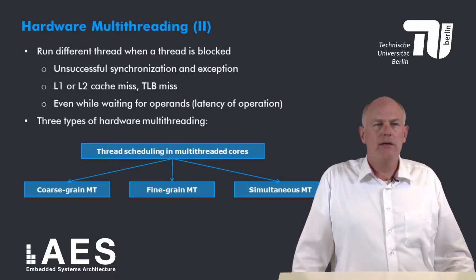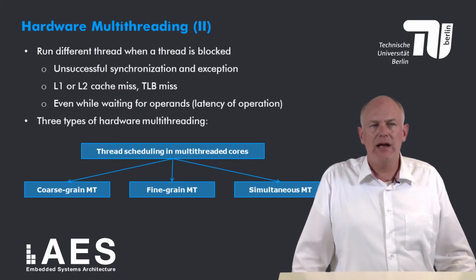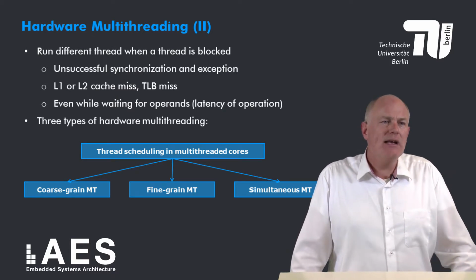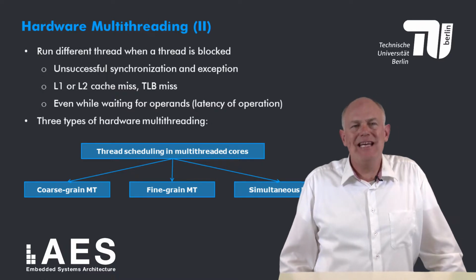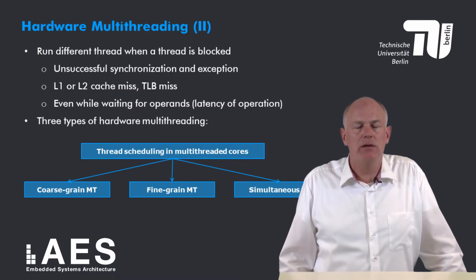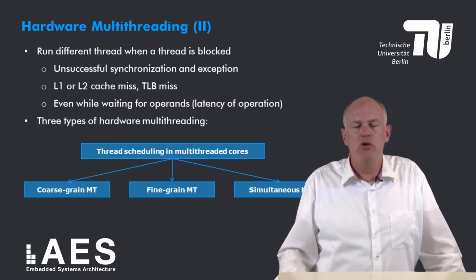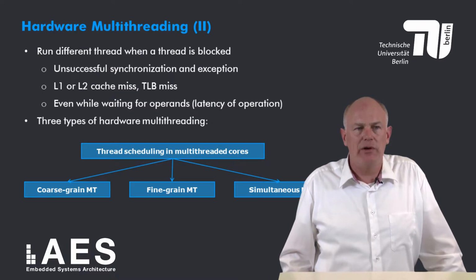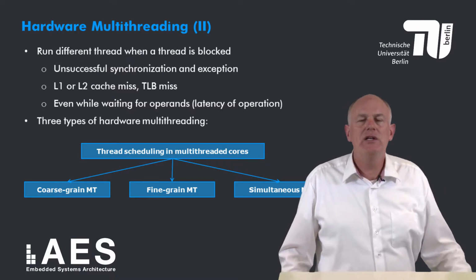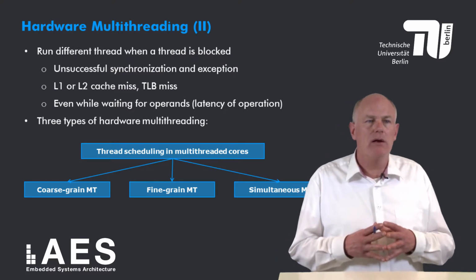When do we start the execution of a new thread? We can run a different thread each time a thread is blocked. That's basically the same we do in software at the operating system level. What does it mean for a thread to be blocked?